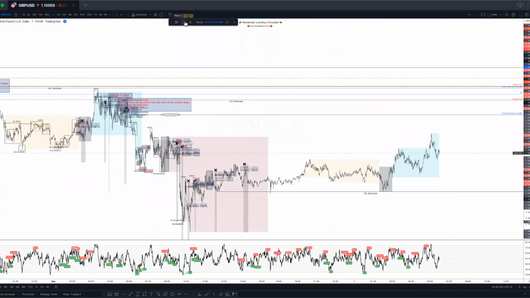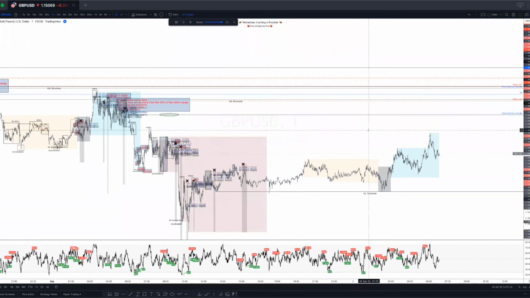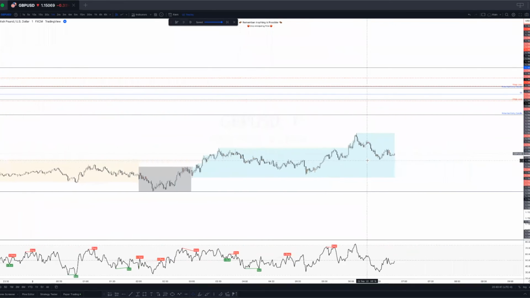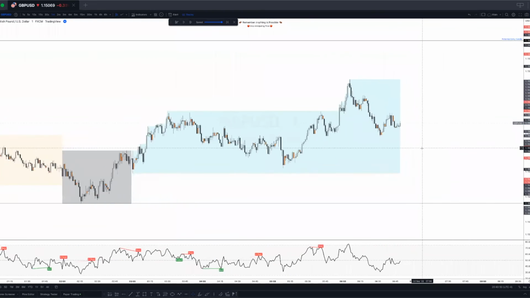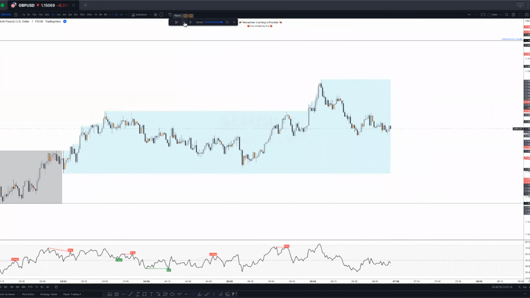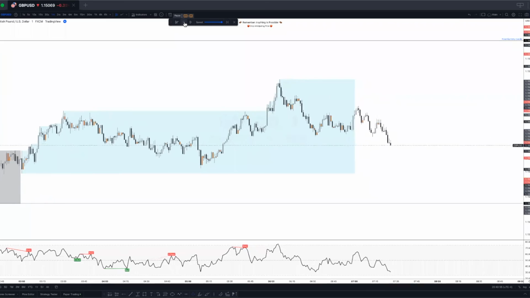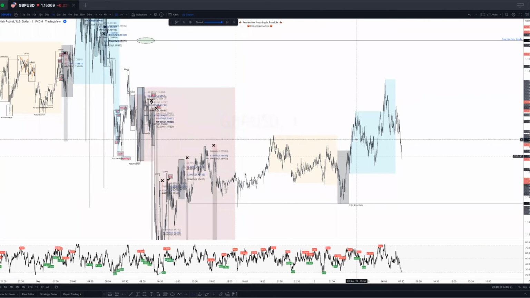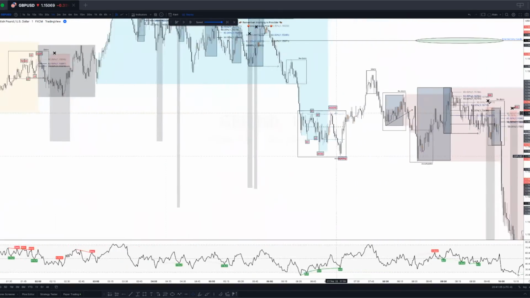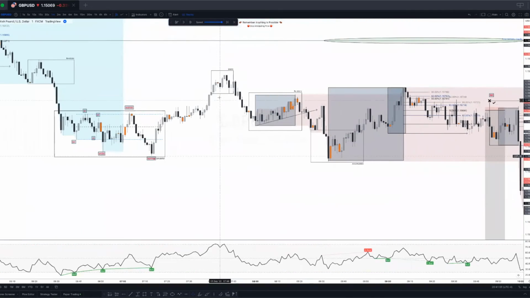Reaccumulate. So we came into a distro here. Point of interest. I want to do it. What are you doing? Whoa. What are you doing? So here and here. This was a distribution. Price never came back.